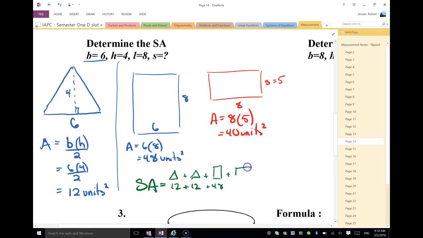And we've got two identical sides, which are 40 each. If we add this all up, we get 24, 64, 72, plus 80 is 152 units squared. There's the surface area of a triangular prism.